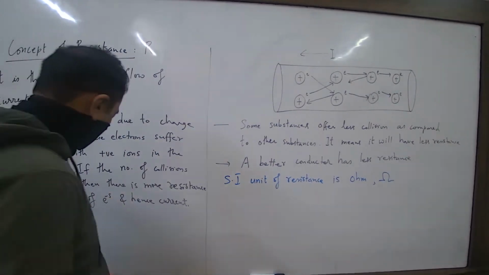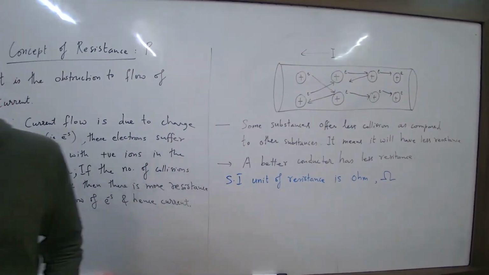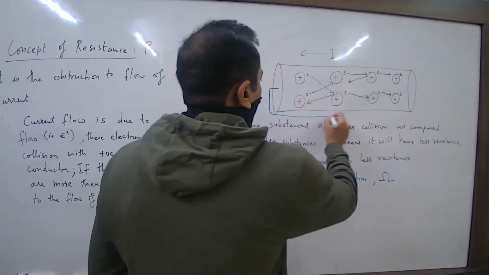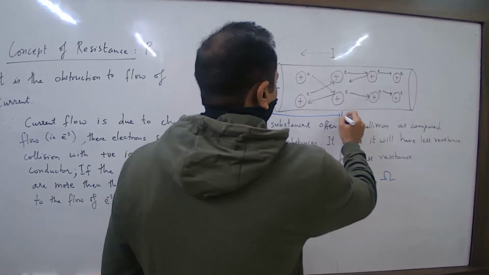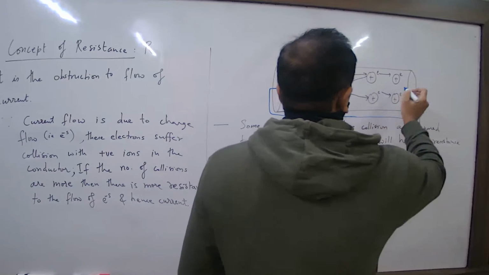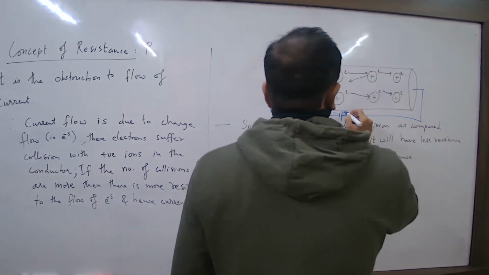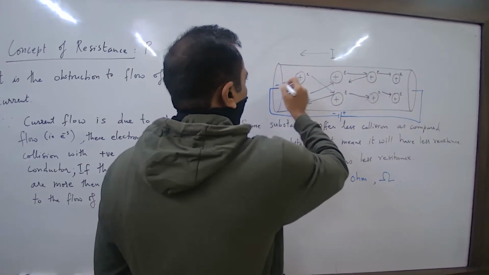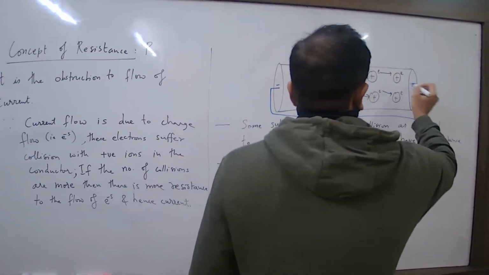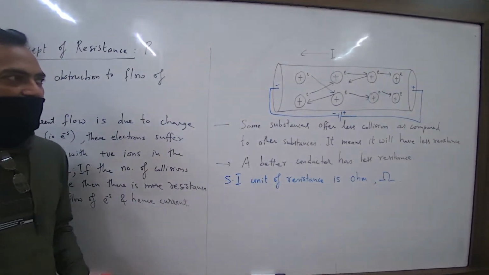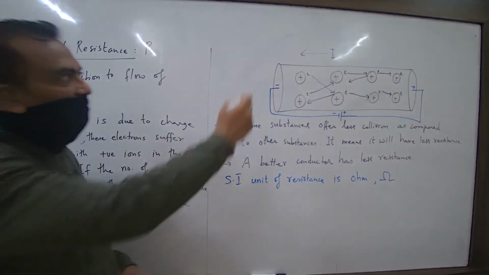So here you should connect a battery. Will the electron flow by itself? You need a potential difference, right? Then only. Because the electron is flowing from left to right, this side is negative and this side is positive. What is the current direction in this? Right to left.